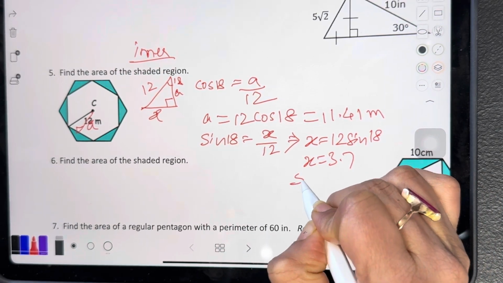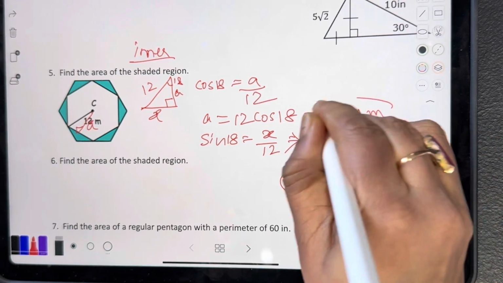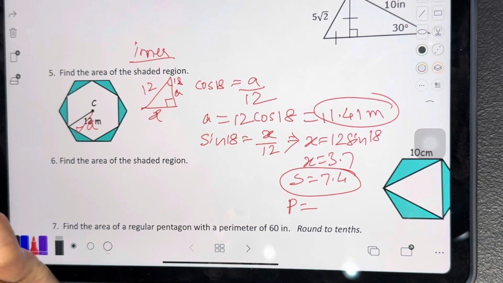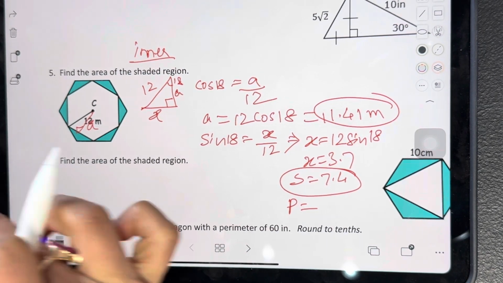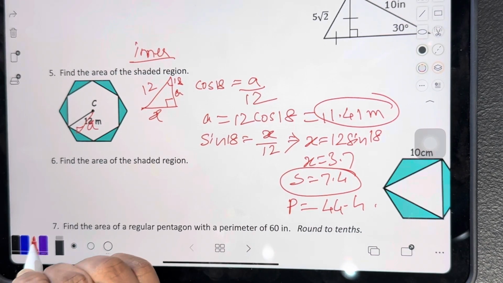So side will be 7.4. So you have the side, you have the apothem. What will be the perimeter? 7.4 multiplied by 6 is 44.4. Now you have the perimeter, you have everything.